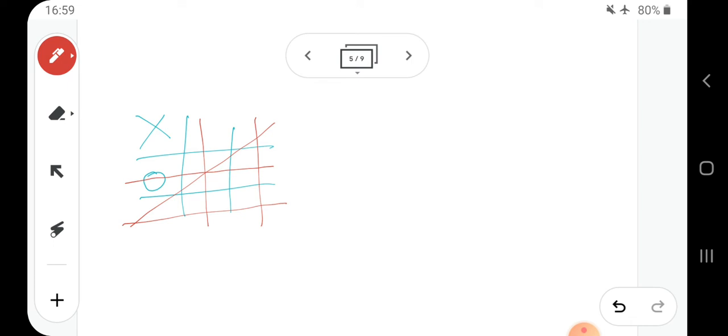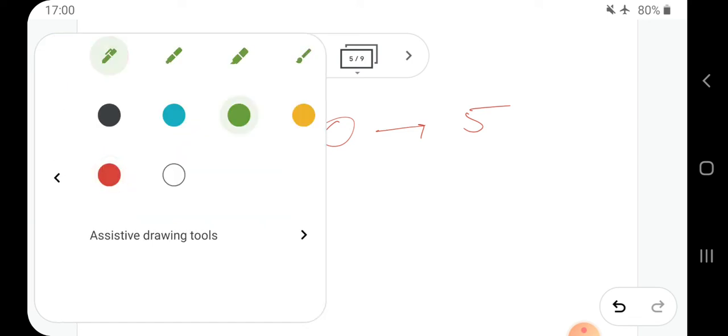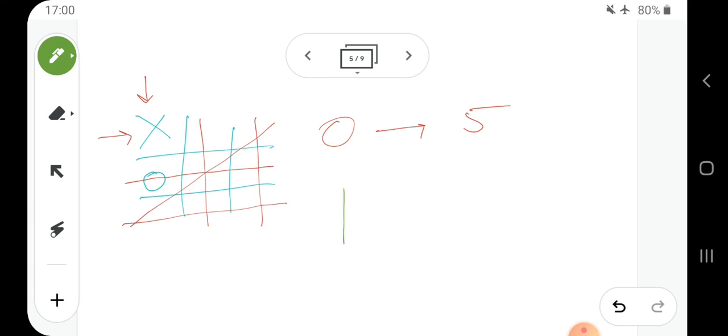This diagonal is blocked due to X, and this particular line is blocked due to X. Also this particular line is blocked due to X. So X has already blocked 3 different options. Altogether in a board there can be 8 different winning strategies, and here we can see circle can win in 5 different ways.